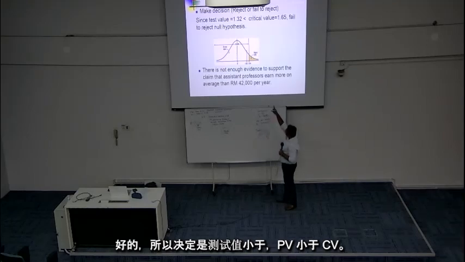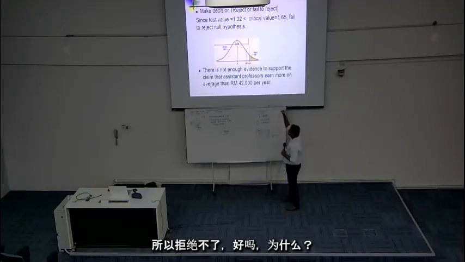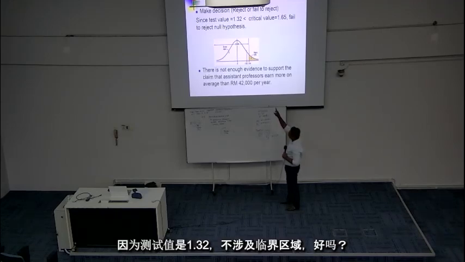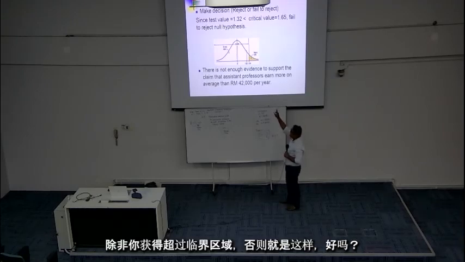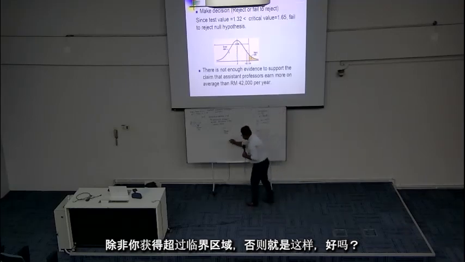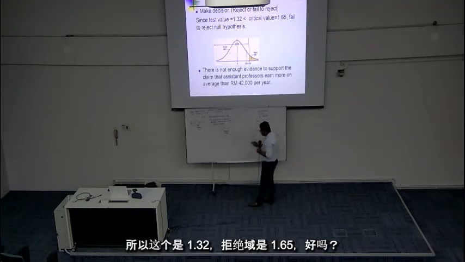Alright, so we make a decision based on these two values. The decision is: test value less than critical value, TV less than CV, so fail to reject. Why? Because the test value of 1.32 is not in the critical region. Unless you get more than the critical value.